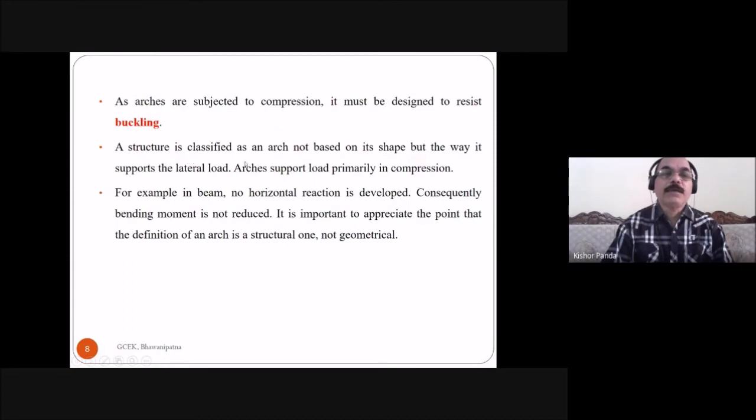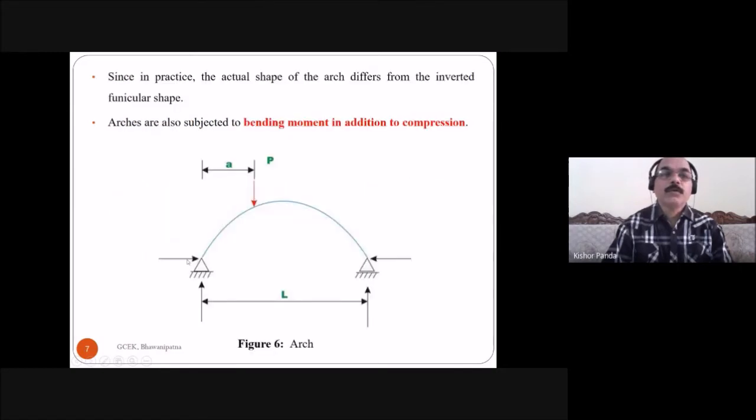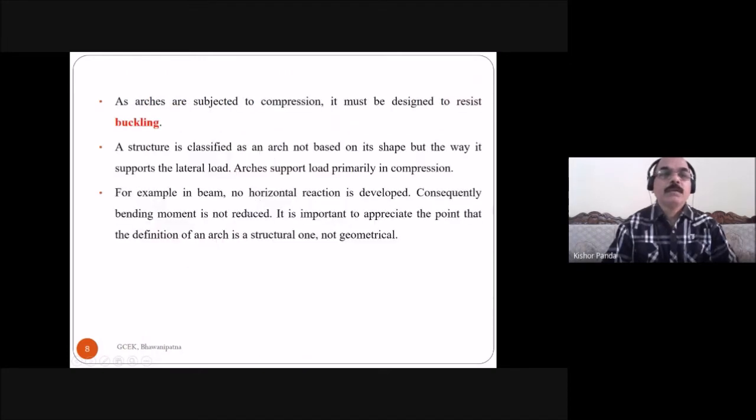A structure is classified as an arch not based on its shape, but on the way it supports the lateral load. Arches support load primarily in compression, in addition to the bending moment. For example, in a beam, no horizontal reaction is developed.